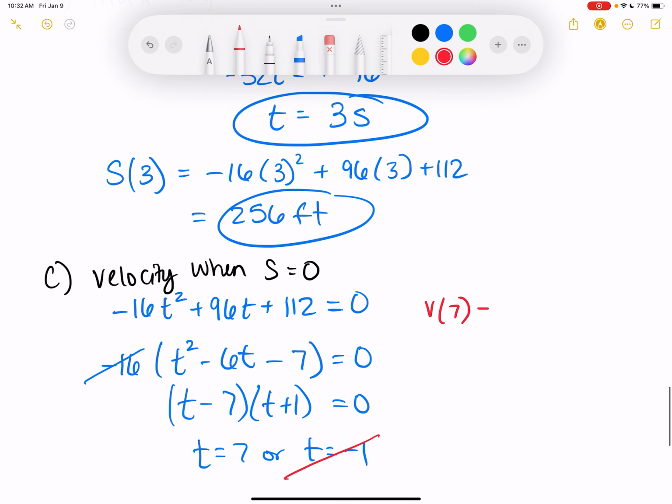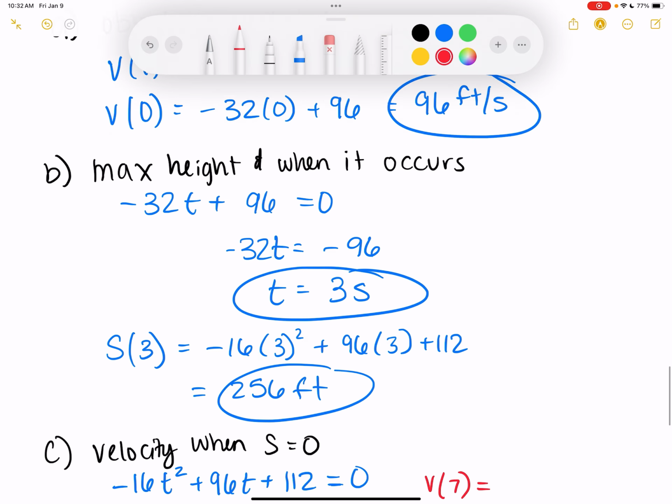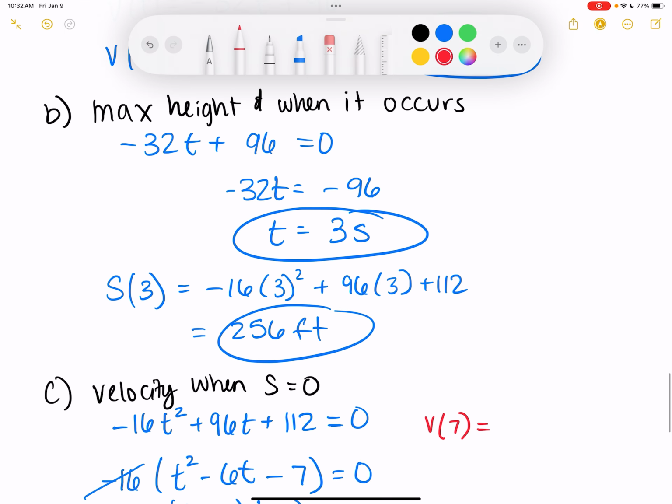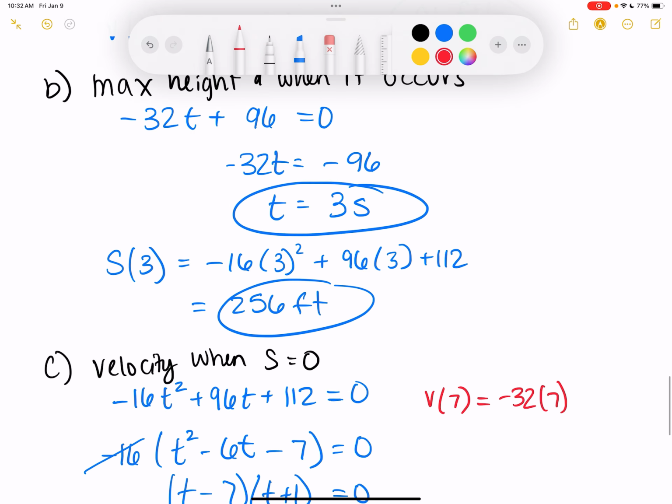So v of 7 is equal to negative 32 times 7 plus 96. So that's negative 128 feet per second.